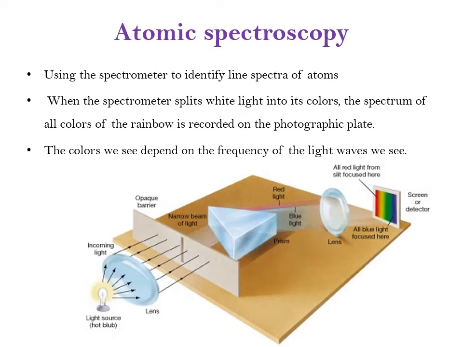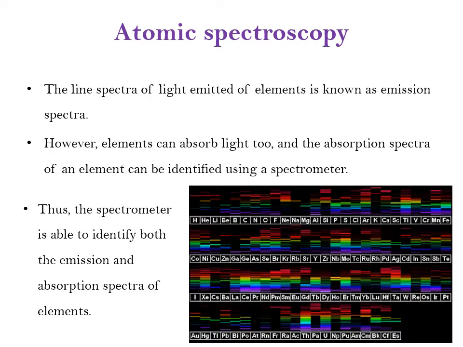When the spectrometer splits white light into different colors, the spectrum of all colors of the rainbow is recorded on the photographic plate. The colors we see depend on the frequency of the light waves. So when a specific element is heated, it emits light that is unique to the atomic structure of the element.